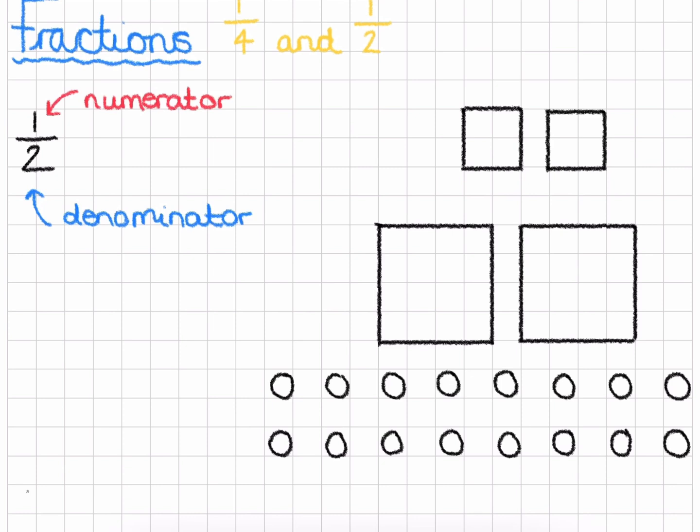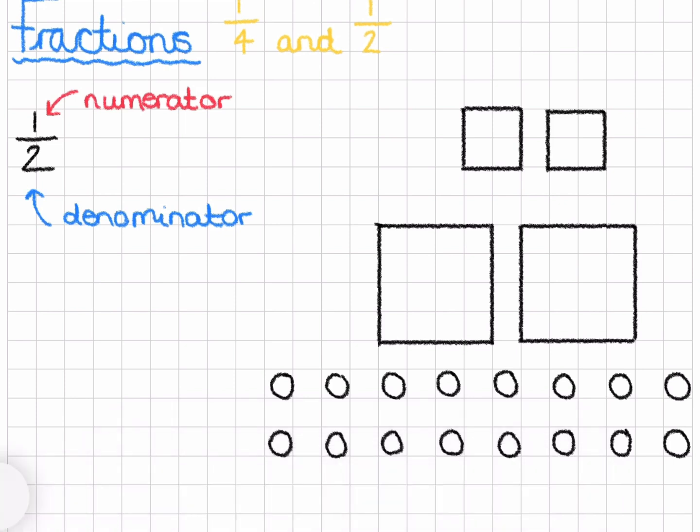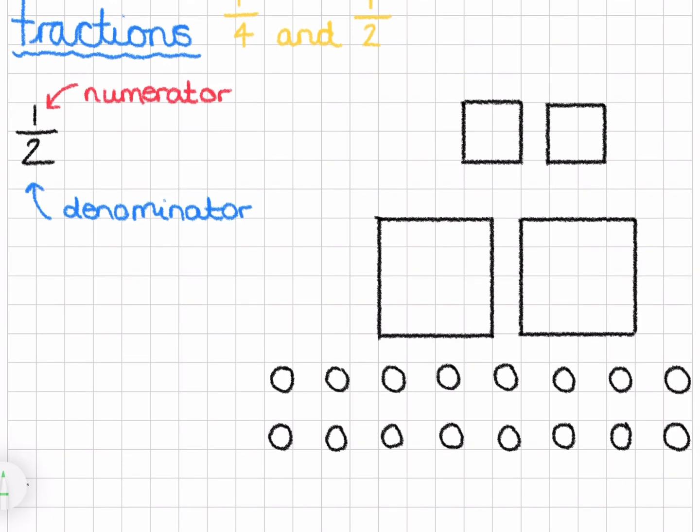So the numerator tells us the number of parts we need, and the denominator tells us the total number of parts. If we add those notes on, in a half you have 2 parts in total. So I'll put total parts, and as I mentioned, your numerator is the number you have.